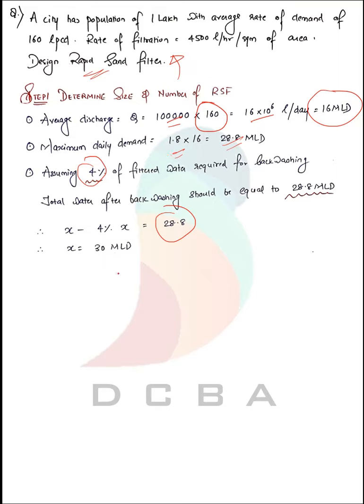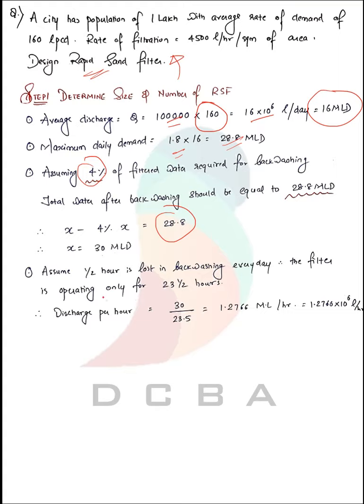So you cannot say that this 30 million liters per day is produced in your rapid sand filter. If half an hour is lost in backwashing every day, the filter is operating only for 23.5 hours. So the discharge per hour should be 30 divided by 23.5. That will give you 1.2766 million liters per hour.